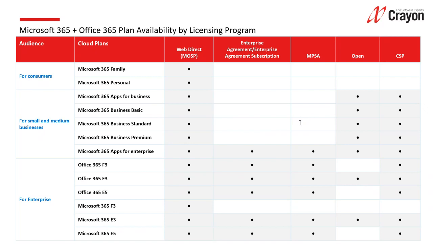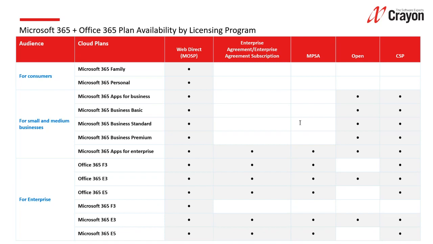One of these models is Enterprise Agreement or Enterprise Agreement Subscription. It is the license model dedicated to enterprise companies, meaning that there is a minimum user threshold that you must add to your contract. I know that this differs from one Microsoft region to another. For example, in our region it is 500 users.